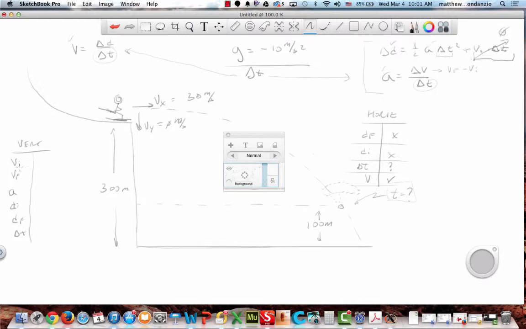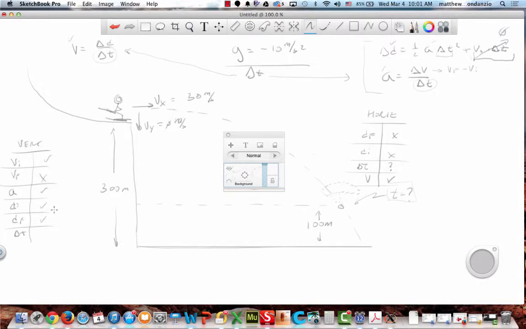These are all my possible combinations or variables I can have. Vertically, do I have my initial velocity? Yes. Do I have my final velocity? No. Do I have my acceleration? Yes. Do I have my initial position? Yes. Do I have my final position?